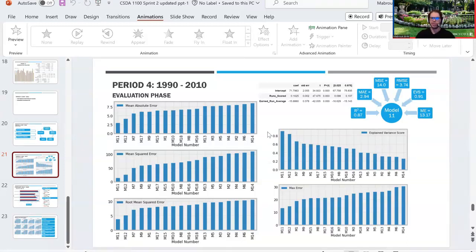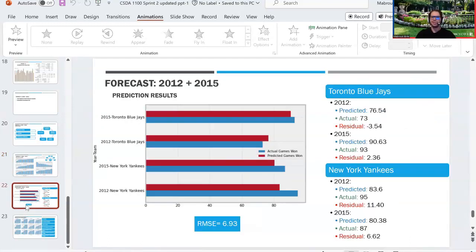And that is the model that I used to run the predictions for the 2 teams and the 2 years, 2012 and 2015, on the Toronto Blue Jays and the New York Yankees. You can see the results there on the right. For Toronto, both years had very good predictions, very close, with a residual error of only 3.54 for 2012 and 2.36 for 2015.